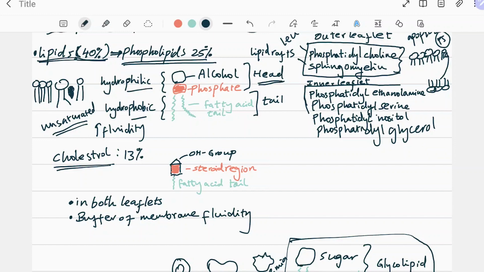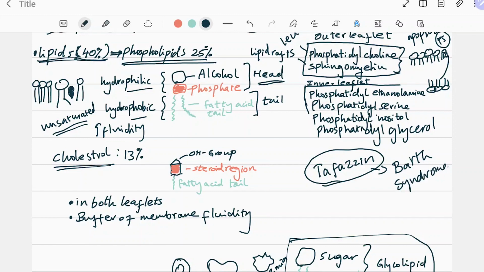There's something called Barth syndrome, where you see the enzyme which is involved in metabolizing cardiolipin, and that's called tafazzin. If the gene encoding tafazzin is mutated, then you get a condition called Barth syndrome, where the heart gets affected badly. You get dilated cardiomyopathy where the heart becomes really big, and you get skeletal muscle weakness and growth retardation.